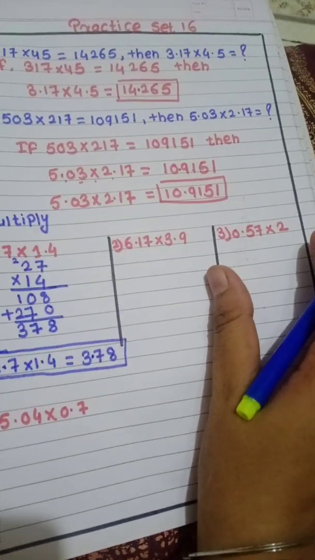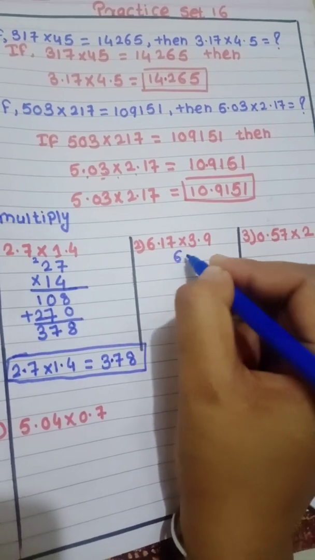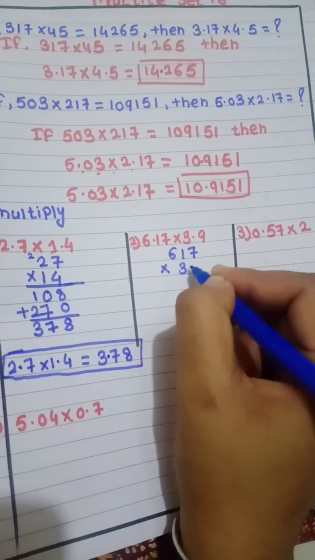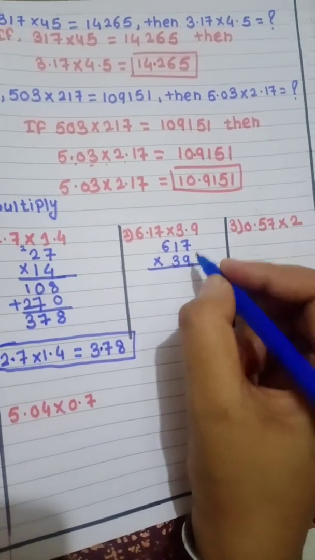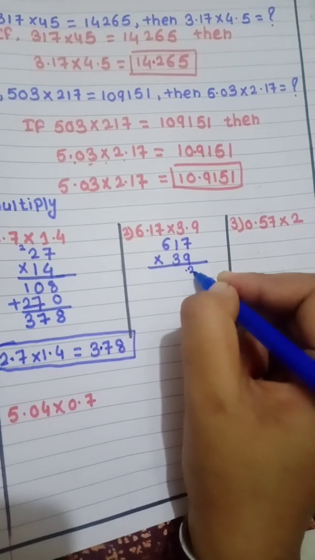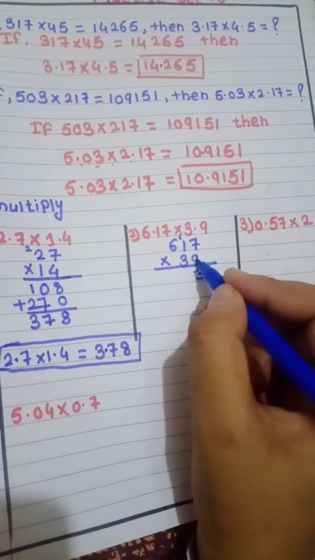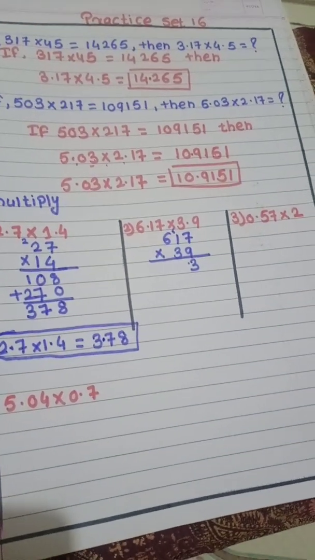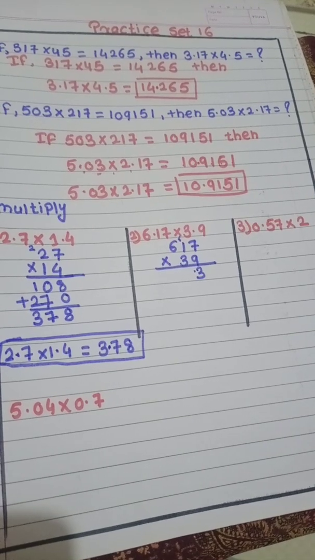So in the same way I'll do the other sum. I'll remove the decimal point. 617 multiplied by 39. Student, pay attention here. 9 7s are 63. So I'll write 3 and carry 6. 9 1s are 9. 9 plus 6, how much? 15.